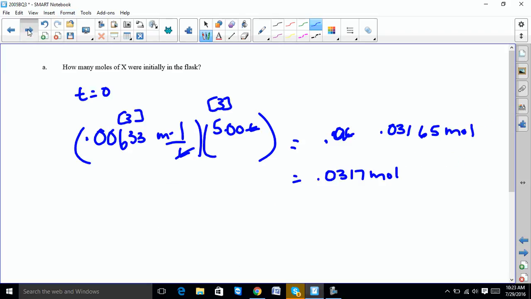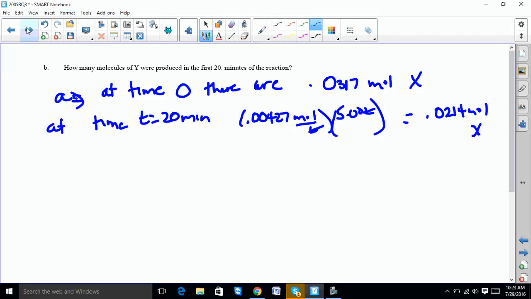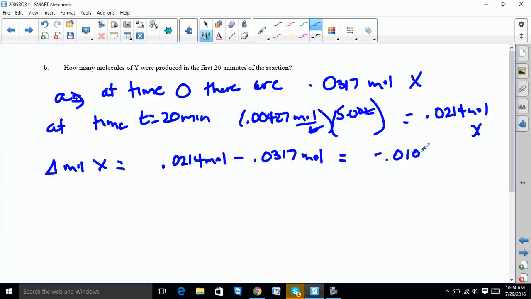Now, some interesting things come up here. What is the change in the moles of X? Well, it's interesting because it's always final minus initial. So 0.0214 moles minus 0.0317 moles, because remember it's always final minus initial, is that we have gone down this many moles.